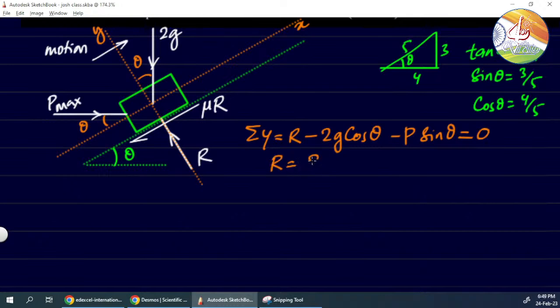R equals 2g cos theta plus P sine theta. Cos theta is 4/5, sine theta is 3/5. So this is the equation for R.